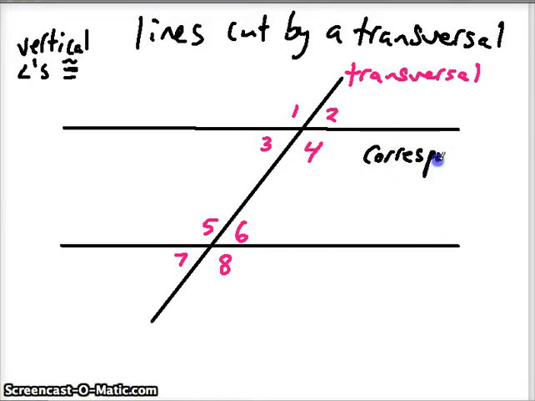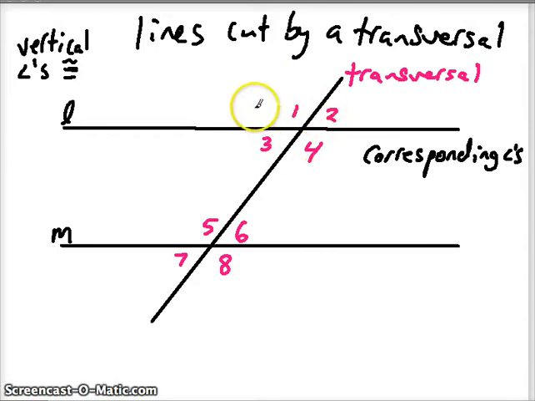First one is called a corresponding pair or corresponding angles. Corresponding angles will be congruent if the lines are parallel, but let's just talk about where to find them first. Corresponding angles are angles that are in the same spot but on a different line. So if we have two lines here, let's say this is line L and this is line M, then angle 1 is in the top left corner of these 4, right?